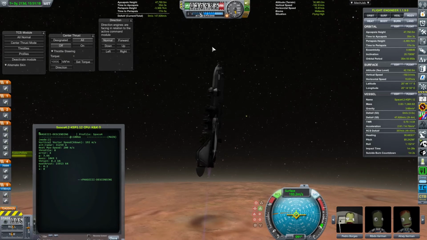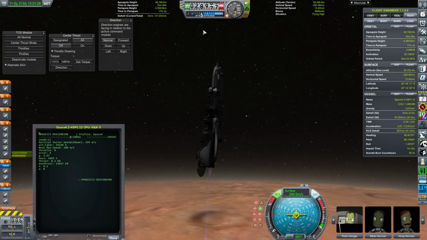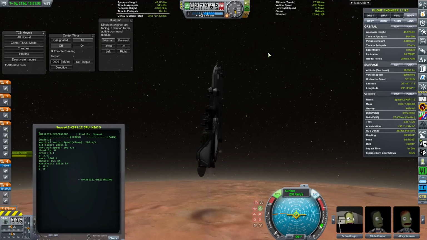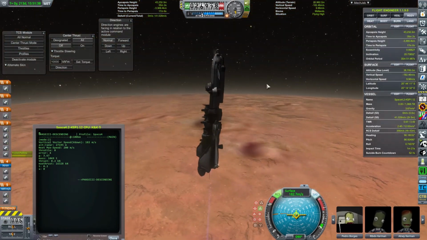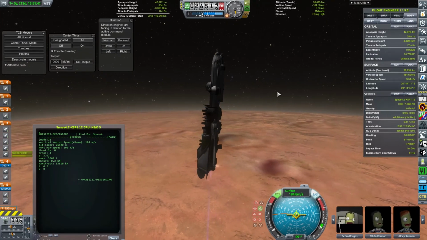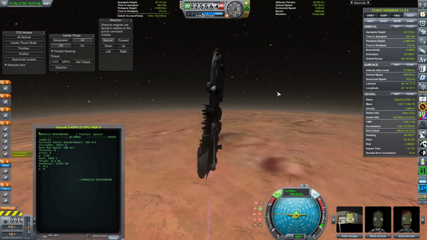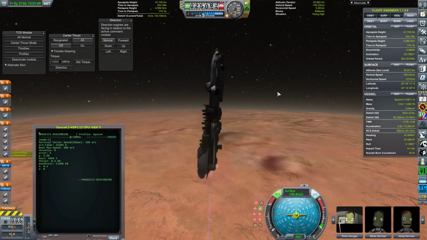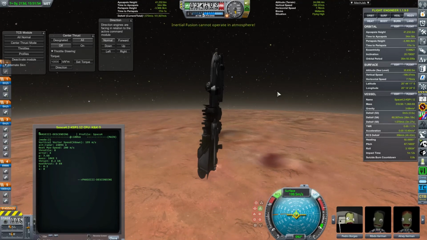As you can see right now, we are about 30 kilometers of altitude in relation to the surface, because here we are measuring the real altitude to the ground and not the normal altitude of the planet. Okay, 25 kilometers of altitude, or ASL if you prefer a more correct term.